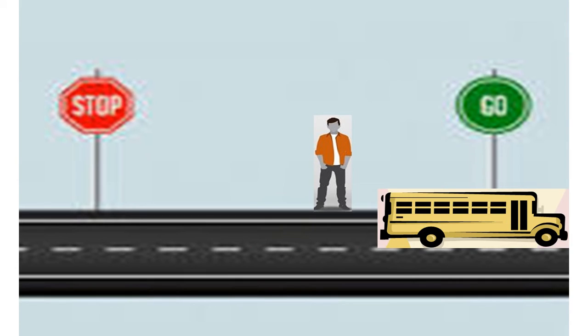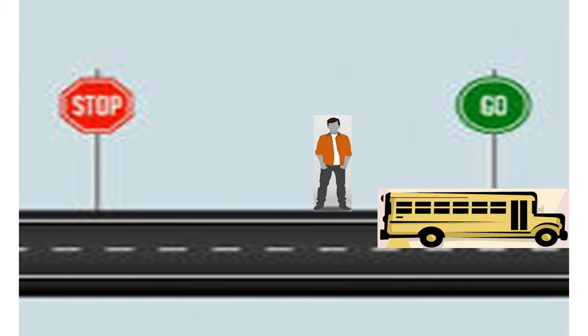Obviously it is 0, because the driver has the same velocity as the car. So we can say the relative velocity of the bus with reference to the driver is 0. Here the relative velocity concept applies. And the velocity of this bus with respect to this stationary person is an absolute velocity.